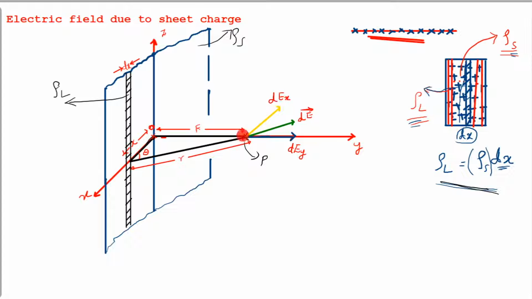The same feeling: this dEx is away from you, meaning it makes an angle of 90 degrees with dEy, because this is away from you and dEy is in this direction.